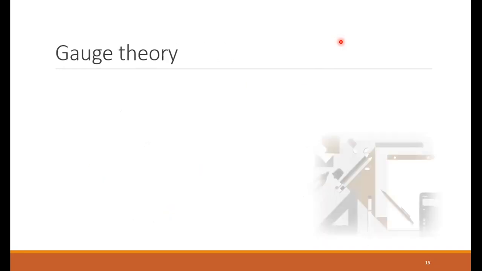Okay, another thing that we need to understand before we can talk further is something called gauge theory. Now, what is gauge theory? Gauge theory is a theory that tells you that a physical quantity is going to be invariant under a gauge transformation.